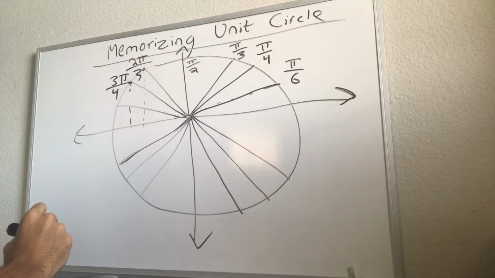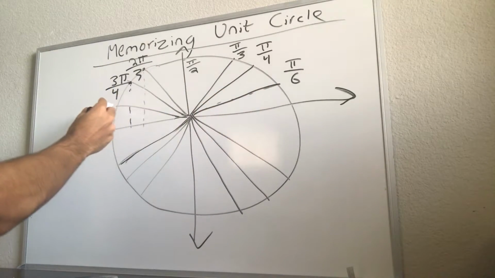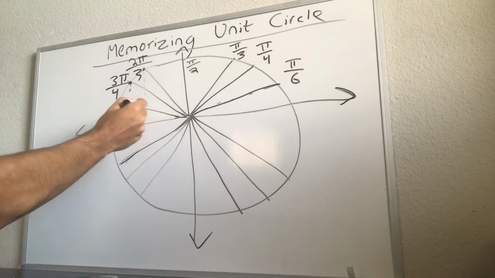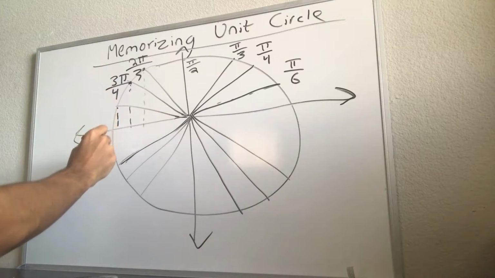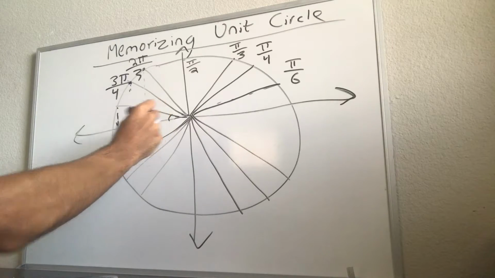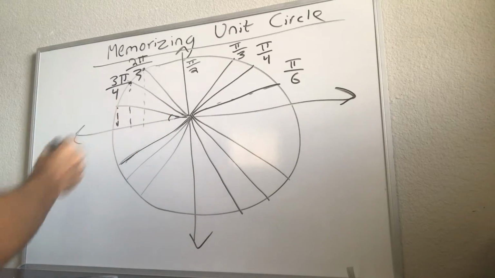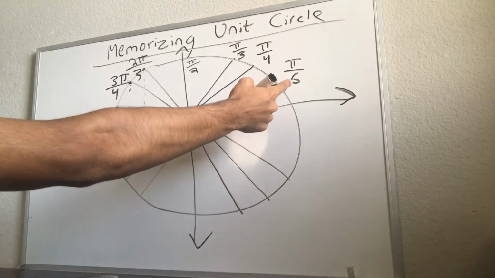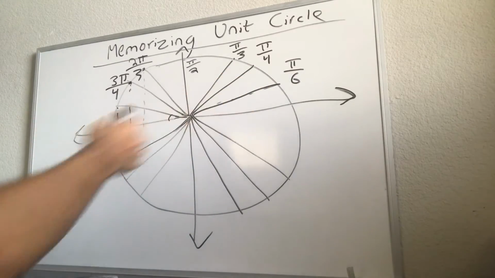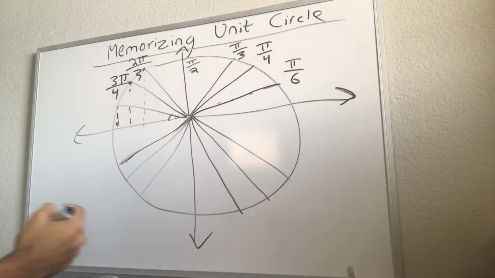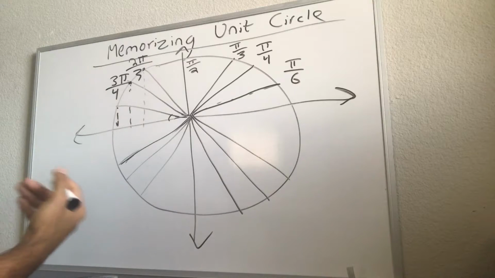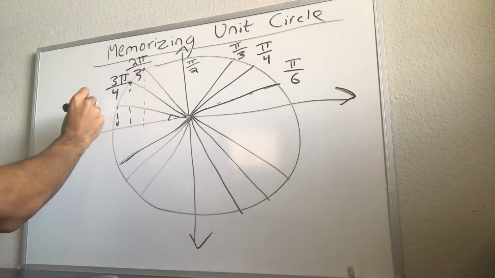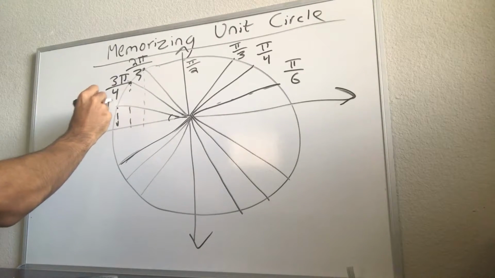Looking at our last one over here, the triangle would be quite simple. It would be this reference angle, pi over 6, and knowing that in the second quadrant the numerator has to be 1 less, this one is 5 pi over 6.